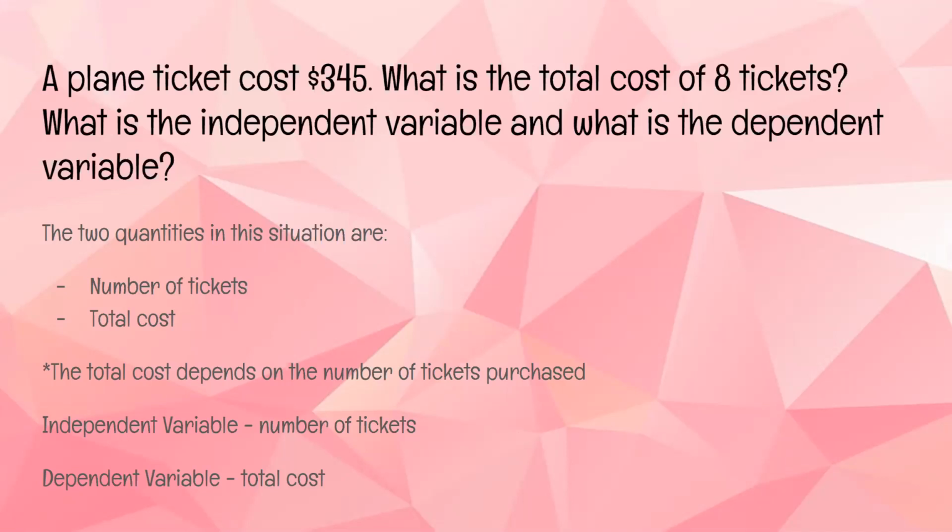Another way to look at this is my total cost is going to depend on the number of tickets that I purchase. So my independent variable is the number of tickets that I'm going to purchase, and my dependent variable is my total cost. My total cost depends upon how many tickets I'm buying.